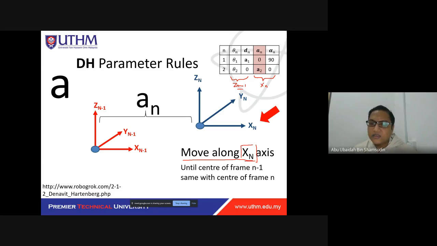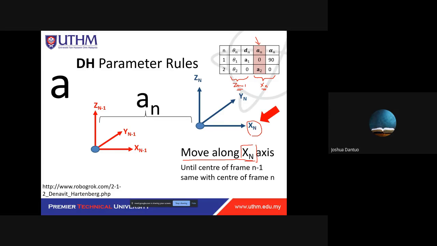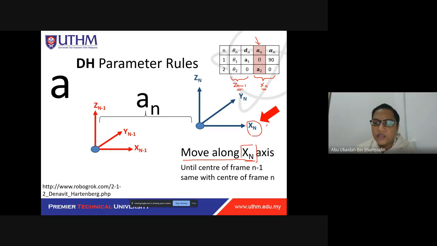So this part we will move along the xn axis. Let's say our n is equal to 1. So this one will be x1, and this one will become xn minus 1, which is x0. Can you see it?